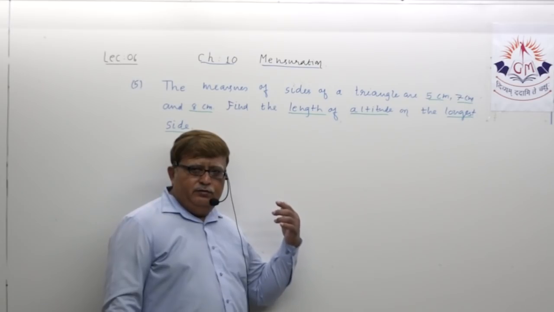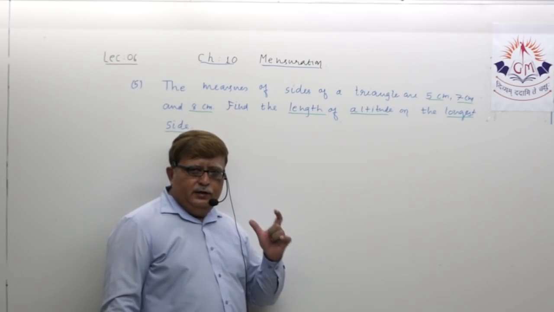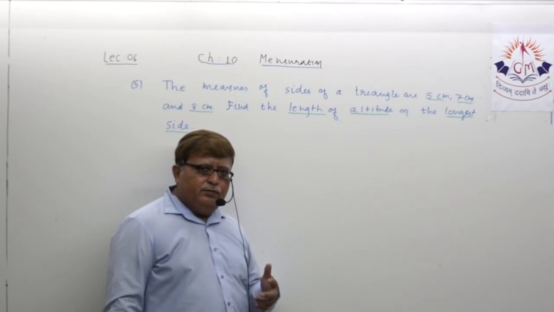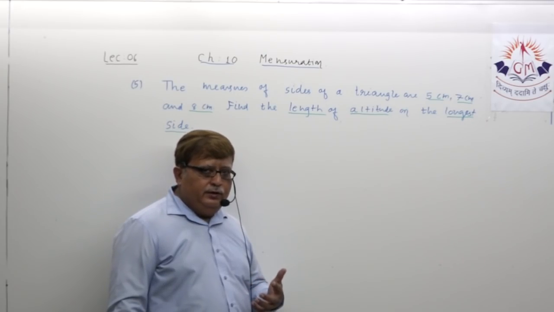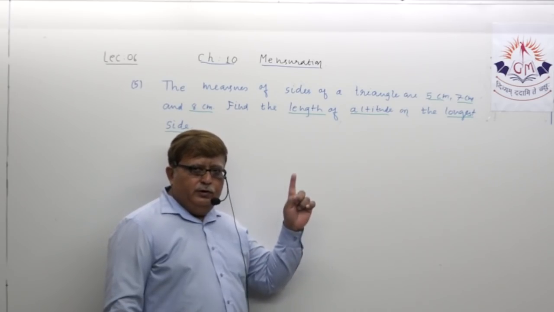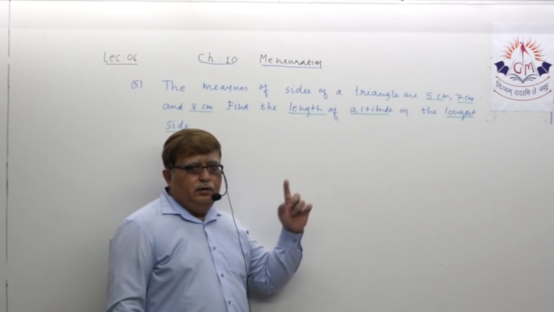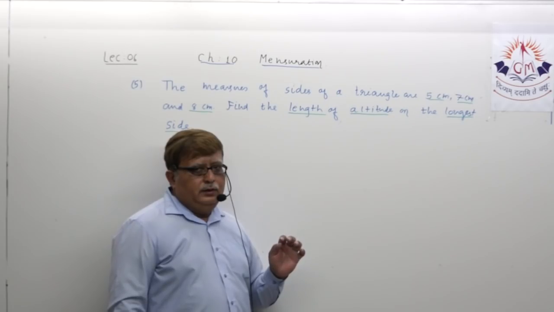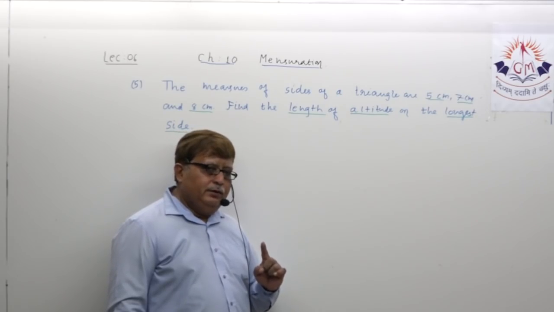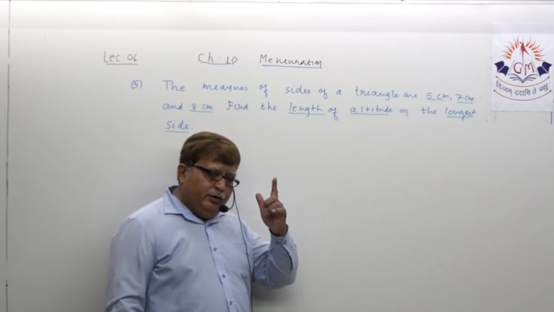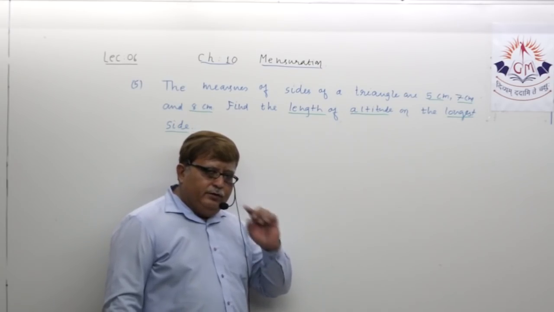I have intentionally erased that data, find the area, because I want that to stimulate in your mind that because you have to find altitude, that means you should remember altitude in triangle.